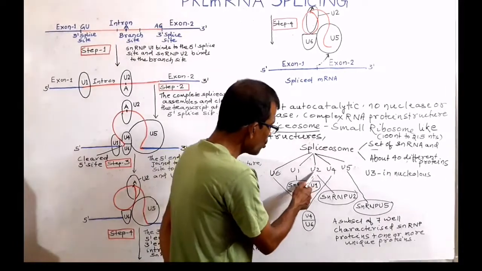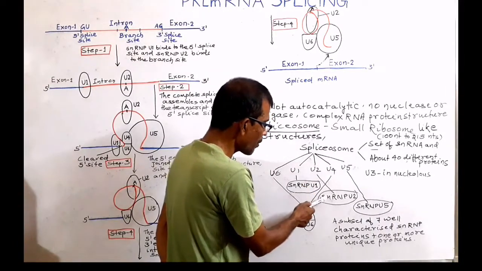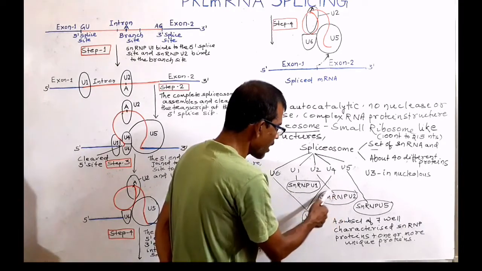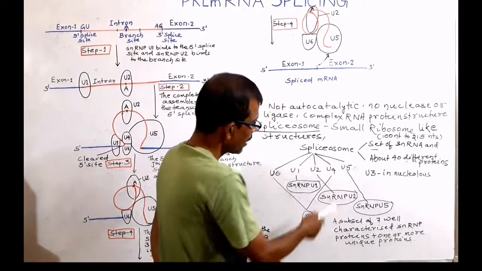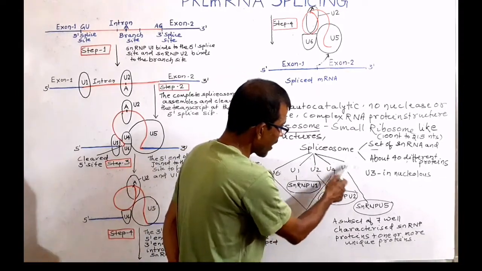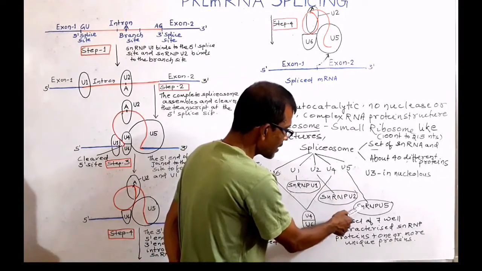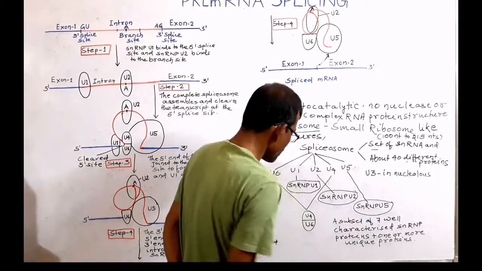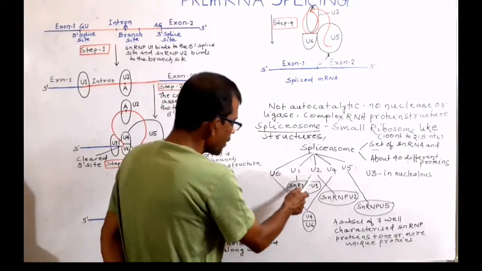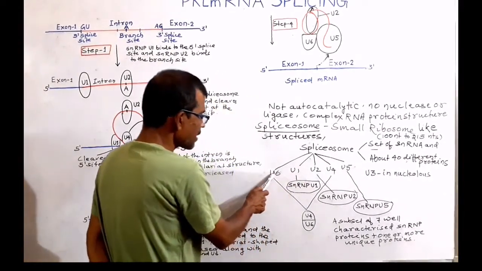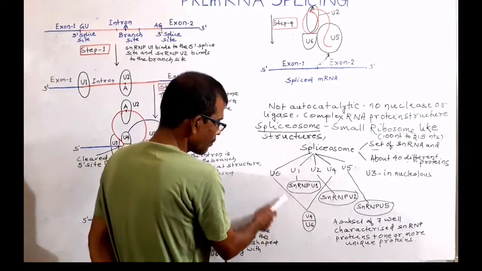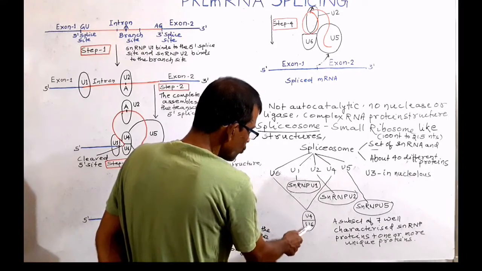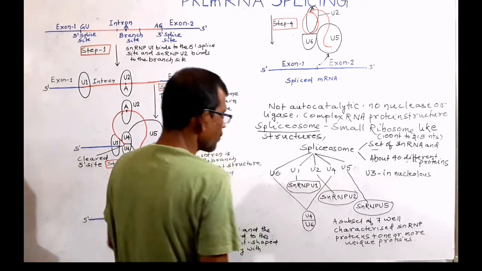Similarly, U2 snRNA forms another snRNP, known as snRNP-U2. Another snRNA, U5, forms another snRNP, known as snRNP-U5. And U4 and U6 snRNA together make another snRNP, known as U4 U6 snRNP.